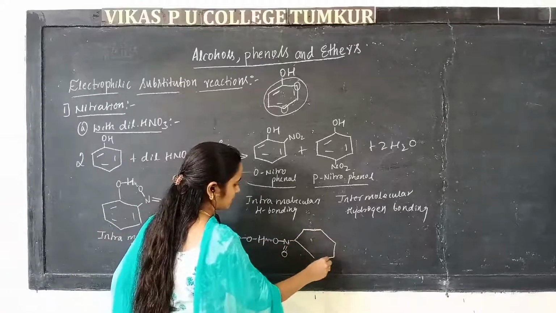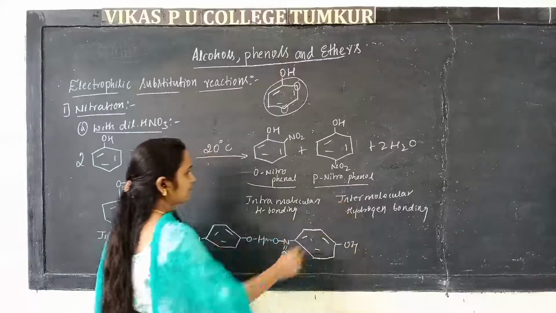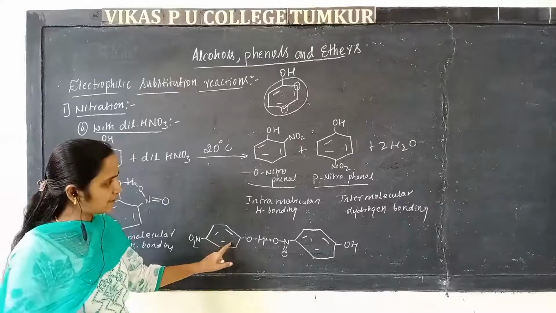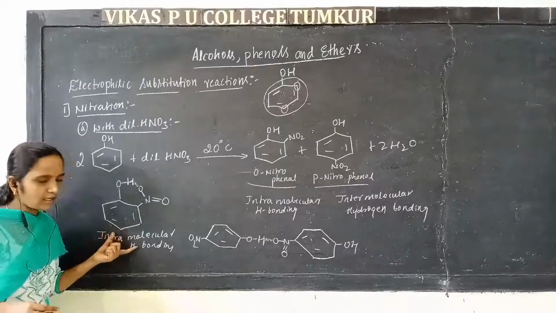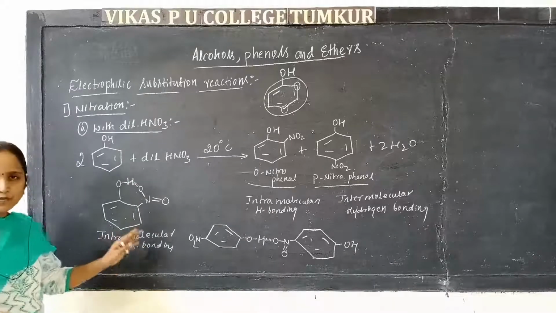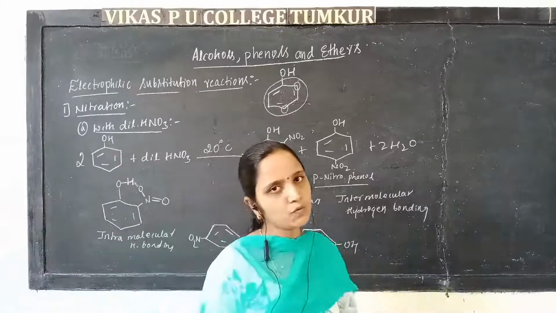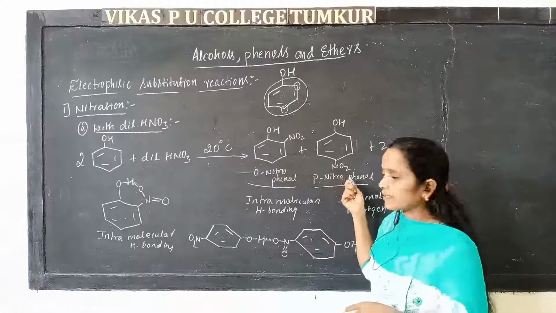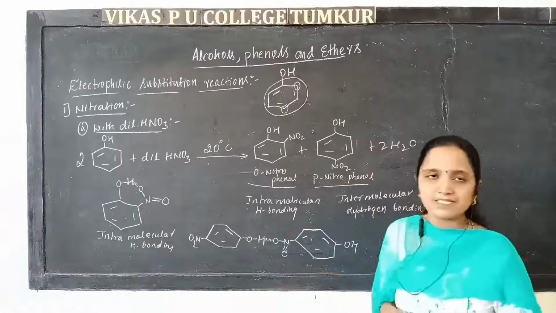This we call an intermolecular hydrogen bond. So in para-nitrophenol we find intermolecular hydrogen bonding, and in ortho-nitrophenol we find intramolecular hydrogen bonding. Due to this specific character, these two products, ortho-nitrophenol and para-nitrophenol, can be separated using steam distillation.